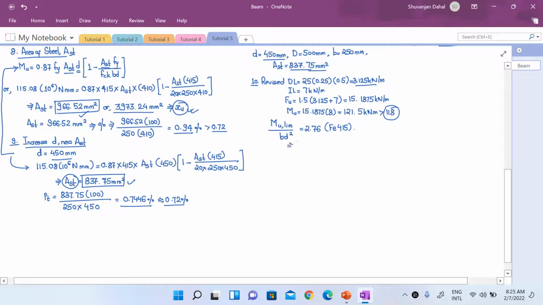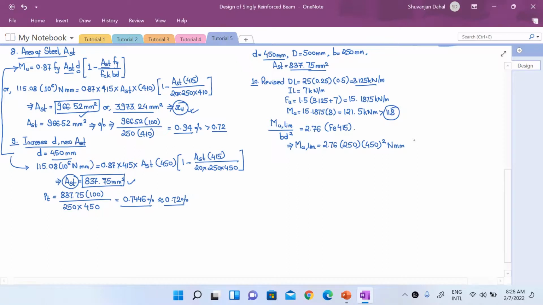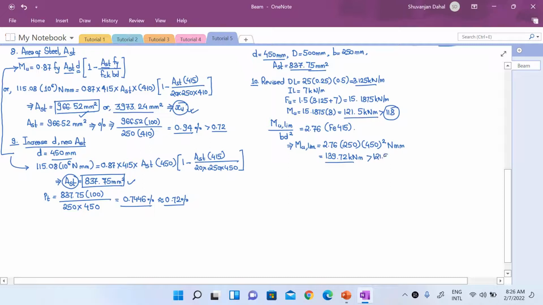So now Mu limiting becomes 2.76 into b, which is 250, into effective depth 450 square, in Newton millimeter. From this we get the value of Mu limiting, which comes out to be 139.72 kilonewton meter. So this value of limiting moment is greater than our factored design bending moment of 121.5 kilonewton meter.